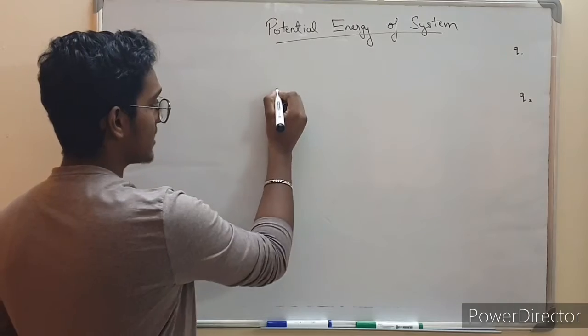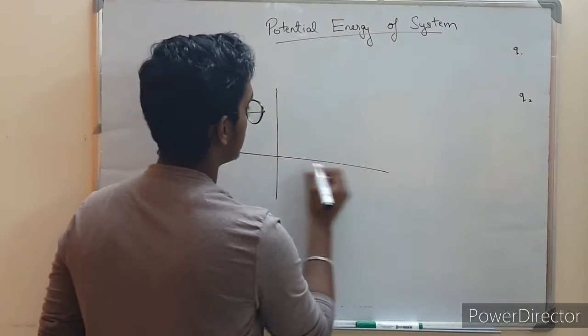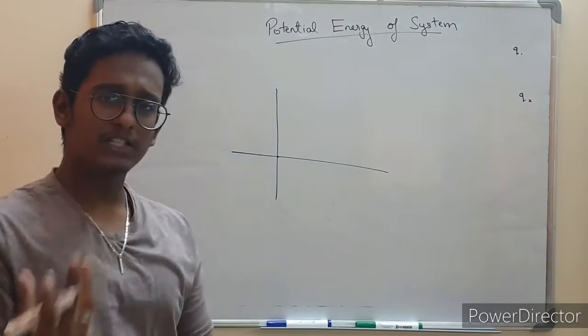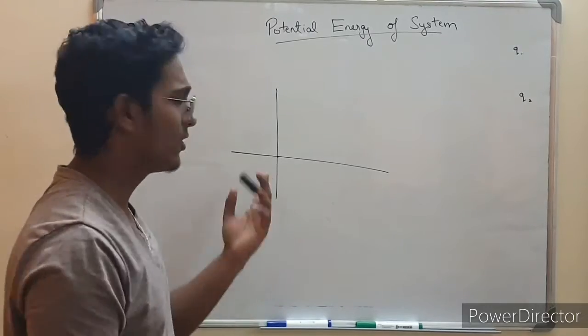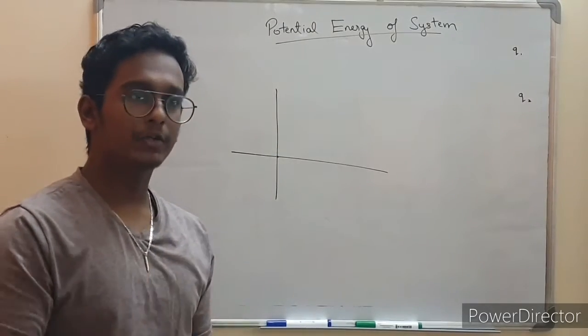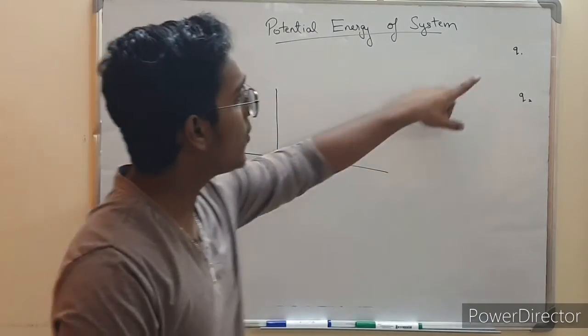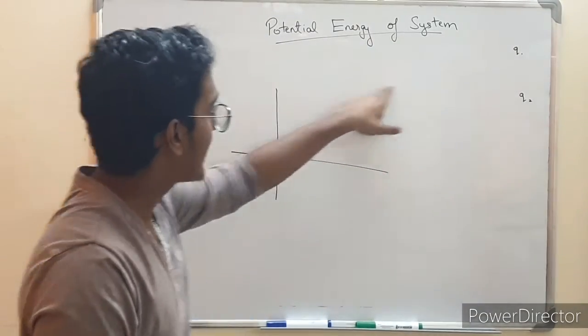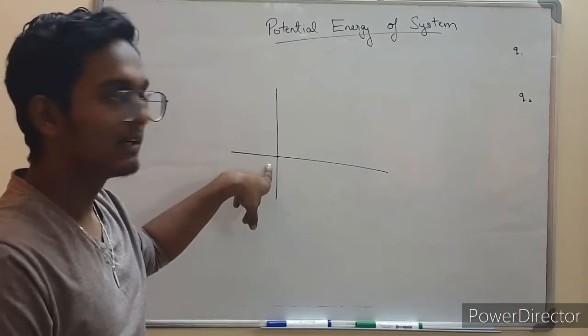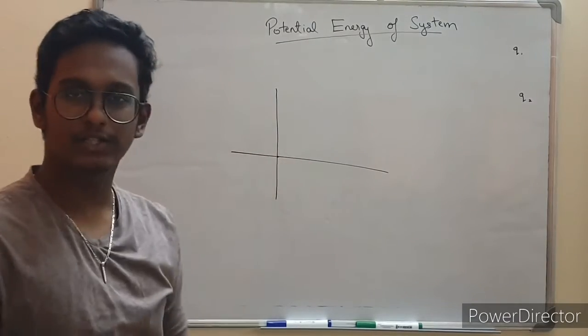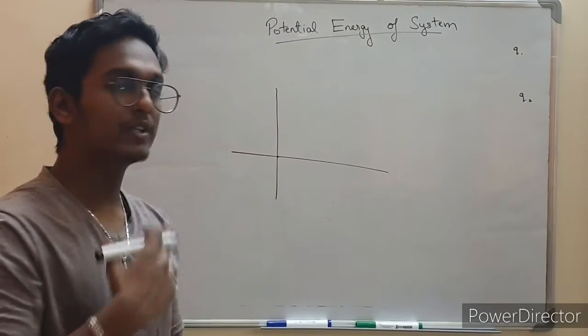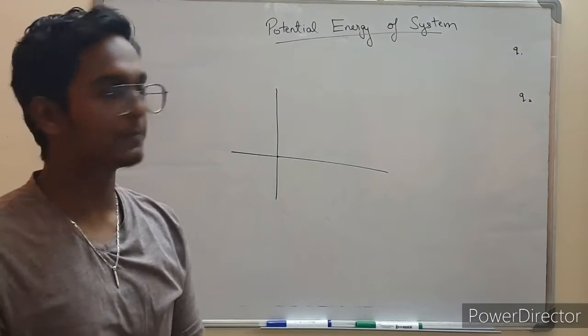That is, let's consider a coordinate axis. The first point you're bringing is always going to be at the origin, because you're going to keep that as the reference point to which you're bringing the next charge. So Q1, let's say we're bringing Q1 first, and I'm placing it at the origin. The coordinate axis is just for easy understanding. With reference to Q1, we are bringing Q2.